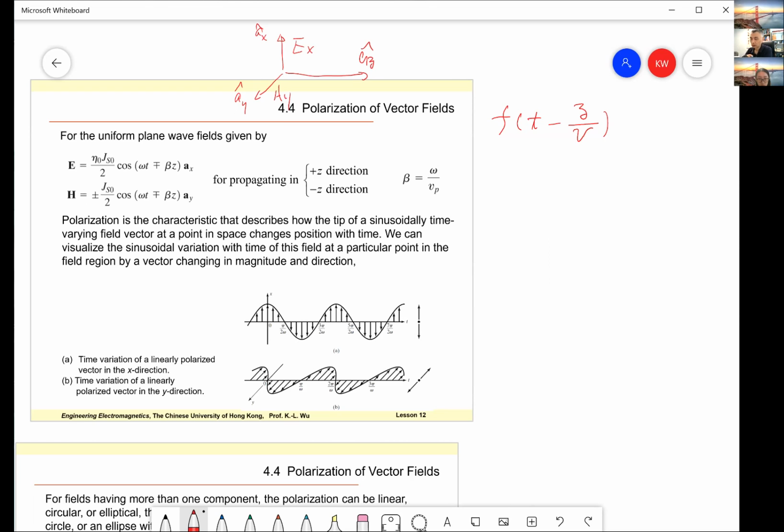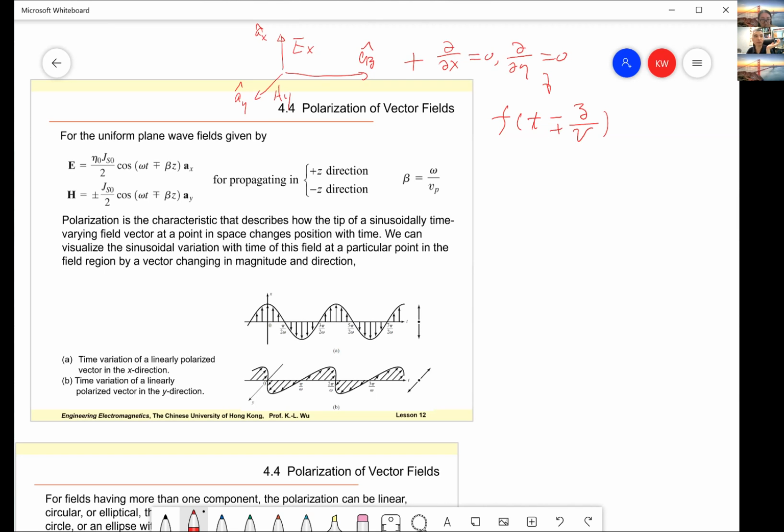The condition is that the field doesn't change in the x direction and y direction. Under this circumstance, we found the field. We can have either the minus or plus.